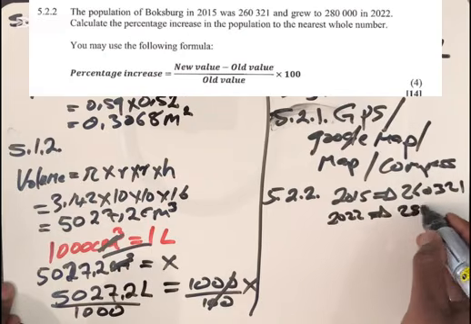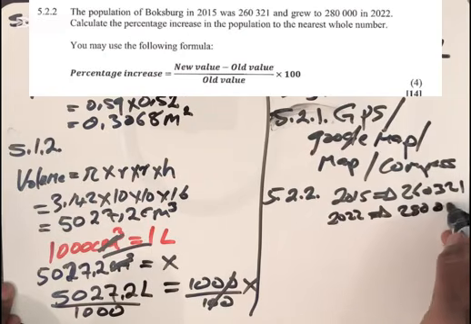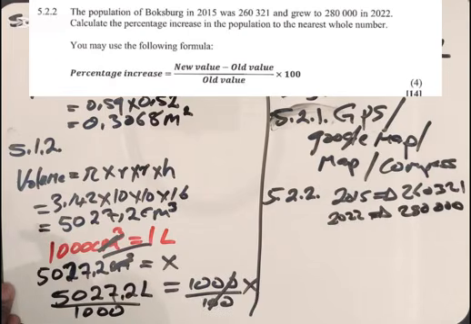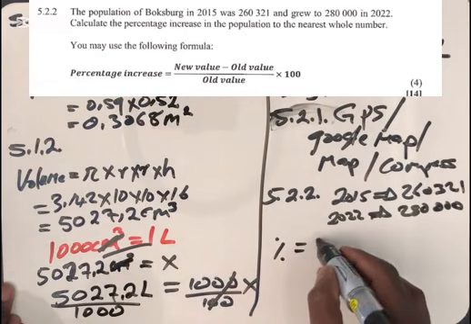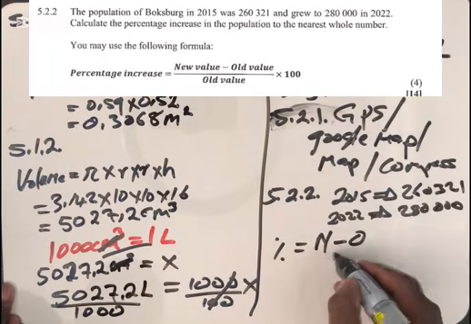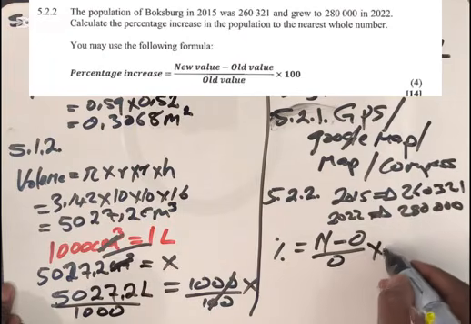Calculate the percentage increase in the population to the nearest whole number. You may use percentage is equal to new minus old over old multiplied by 100.